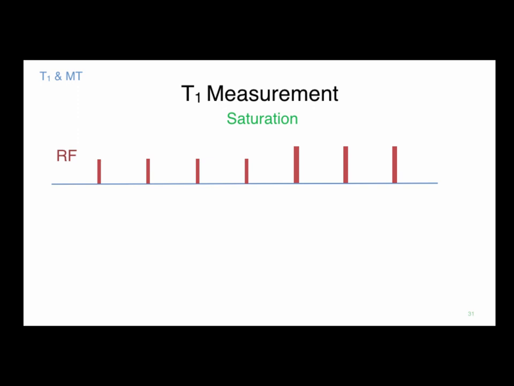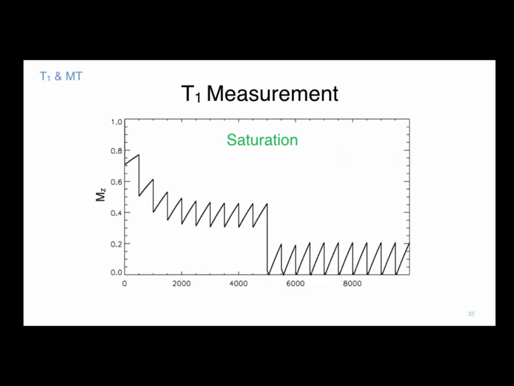As shown before, the signal depends on the flip angle and the influence of T1. So depending on the saturation level, the saturation level changes for the 2 flip angles. Say if you do a 90-degree, you get more saturation.